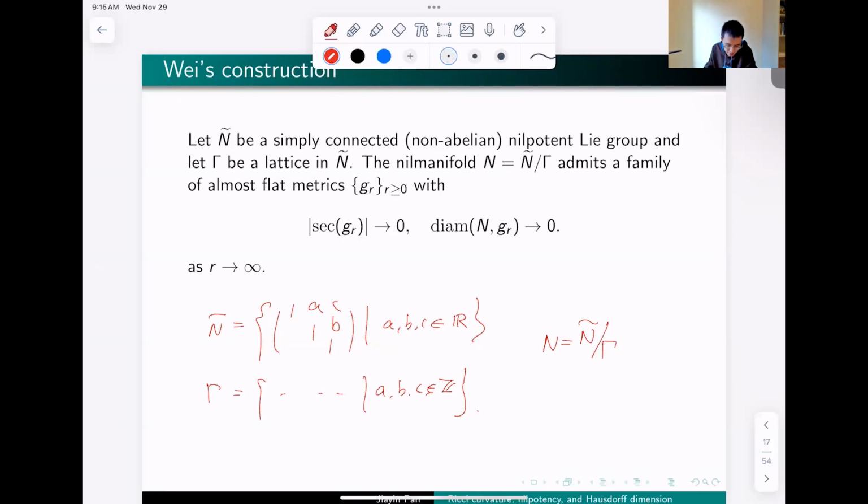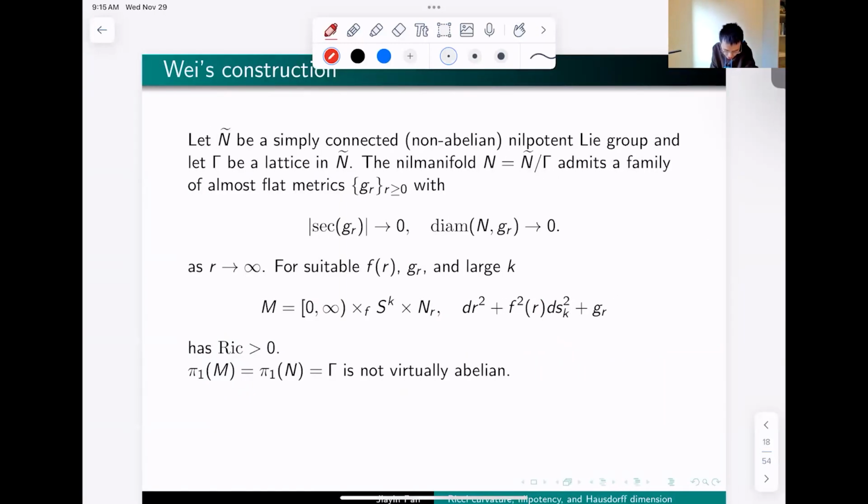But it's well known that these nilmanifolds admit a family of almost flat metrics, so being very close to flat. Here we require that it has a parameter r, and as r goes to infinity, both the sectional curvature and the diameter of N go to 0. With this family of almost flat metrics on N and a sufficiently large k, we can construct this warped product. It's like a doubly warped product, but this N is not just differing by a scaling.